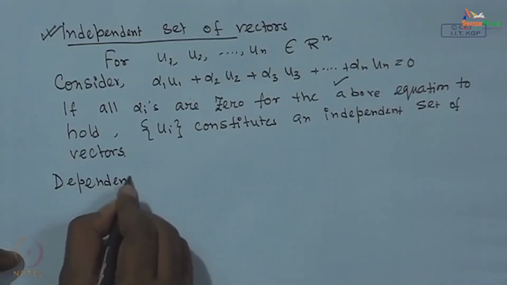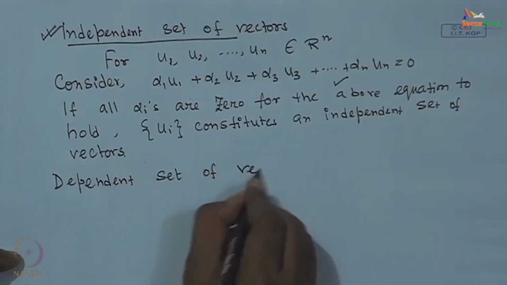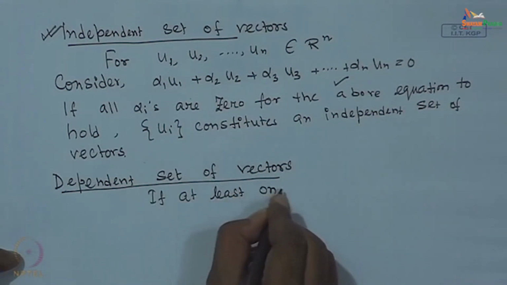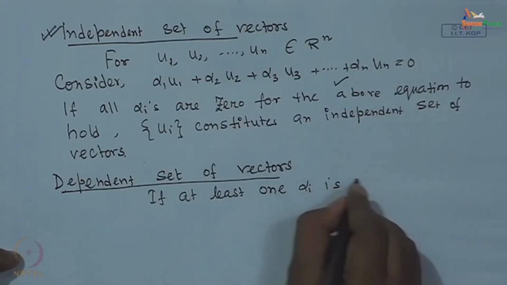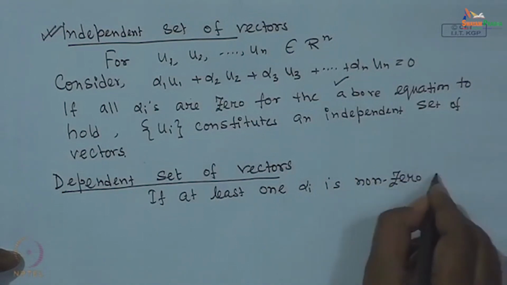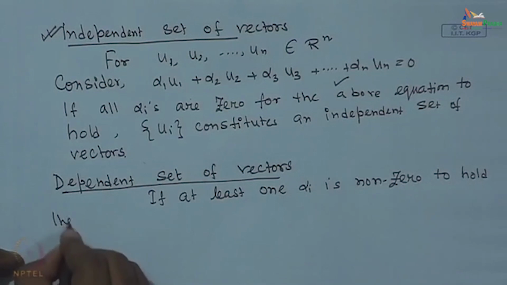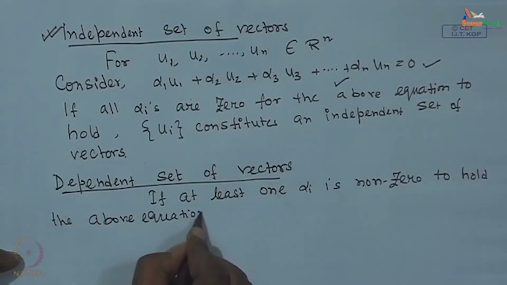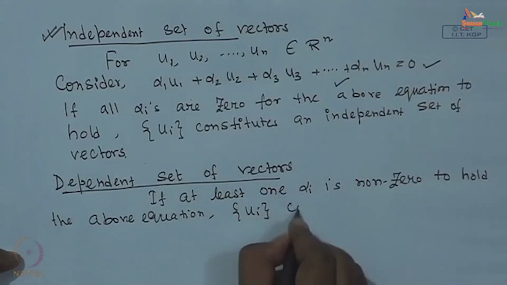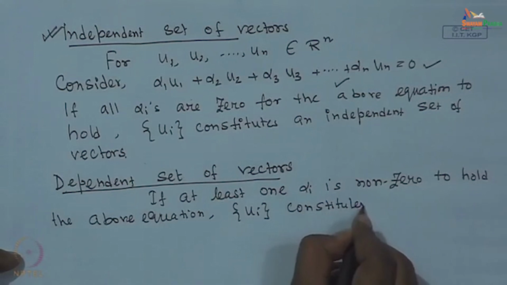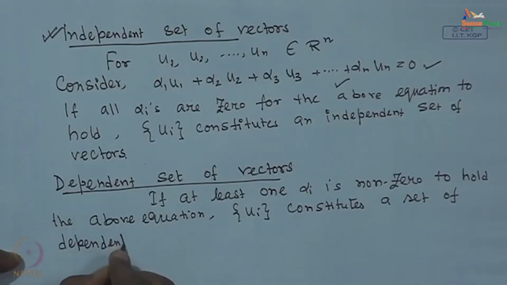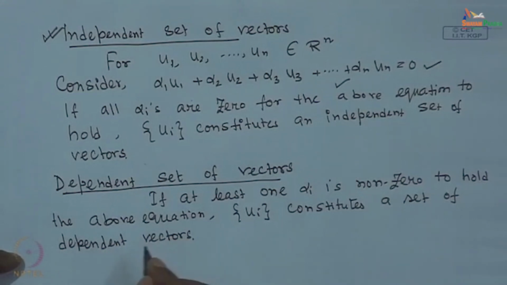Next, we talk about the dependent set of vectors. In this case, if at least one alpha i is non-zero to hold the above equation, this is the equation, then ui constitutes a set of dependent vectors.